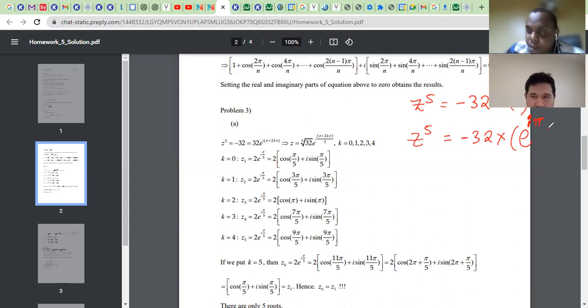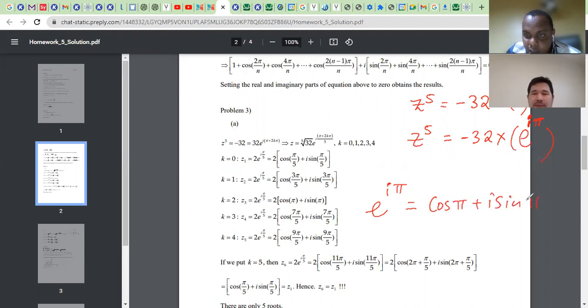It's i pi because, according to Euler's formula, e^(i pi) is the same as cosine of pi plus i sine of pi. And the cosine of pi is negative 1, and the sine of pi is 0.